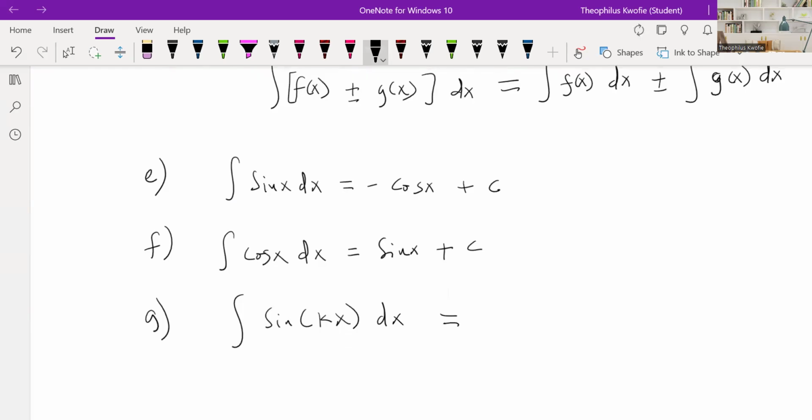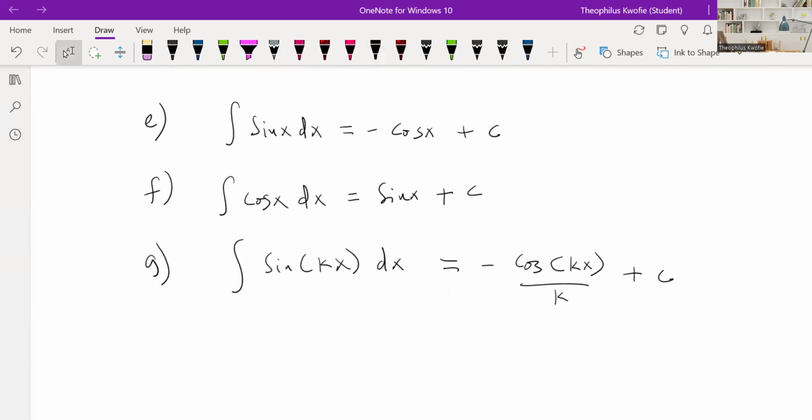You ask yourself, what function do I differentiate to get sine? And that is minus cosine. Then I divide the result by the coefficient of x, and that is k. Then I add my c. It's the same for cosine. These results are so important. So let's take note of that.